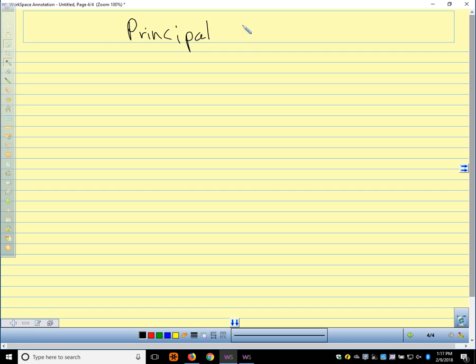Last thing we need to talk about is the principal square root. Folks, principal square root is a convention that we're going to use. Mathematicians have agreed, and when we do things this way, things work out the way we expect them to. It's a way that we're going to agree to take the square root of a negative number.